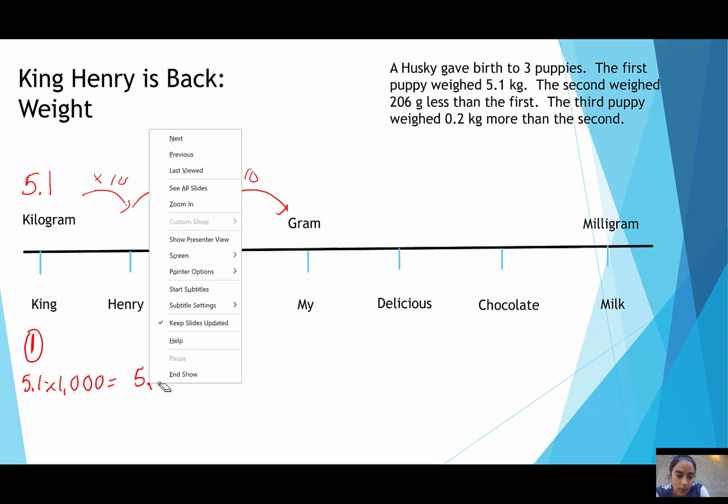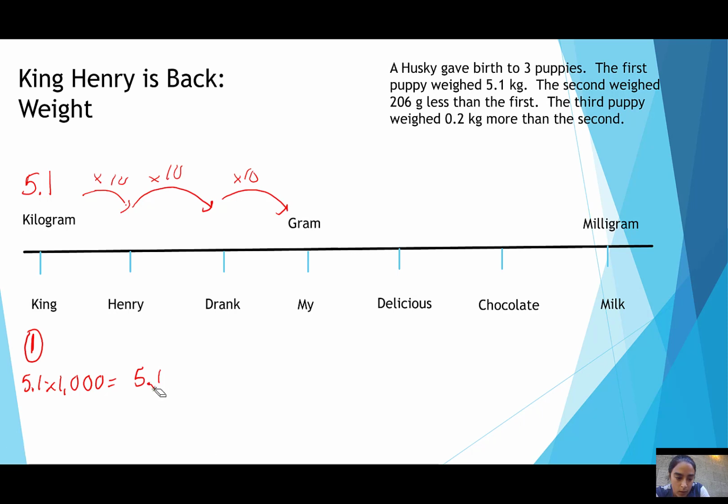Here we go. 1, 2, 3, and add zeros, and the puppy is going to weigh 5,100 grams. Okay, so we know the weight of puppy number 1.